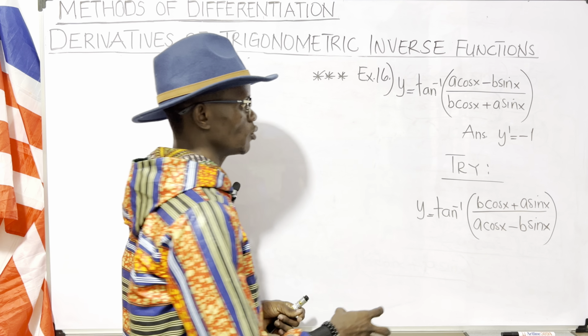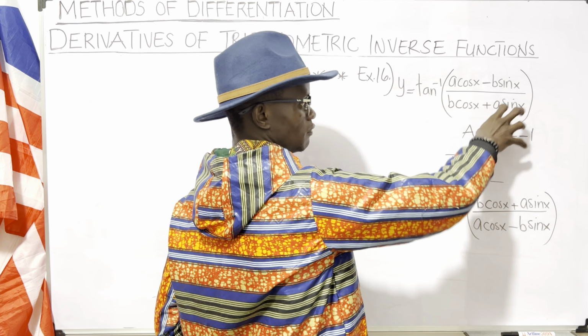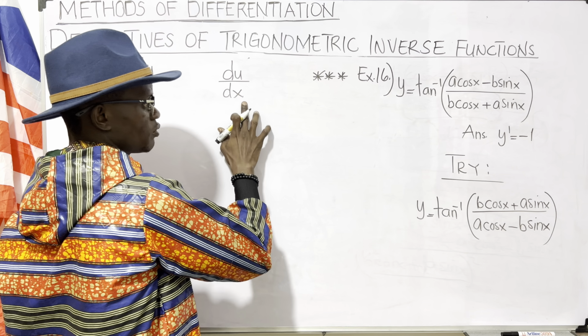That is, we're first going to go for what is within, find its derivative, and then use the chain rule formula. The chain rule says dy/dx equals du/dx times dy/du. If we take this expression to be u, we must find du/dx, because the variable here is x, so we must differentiate that new function with respect to x.